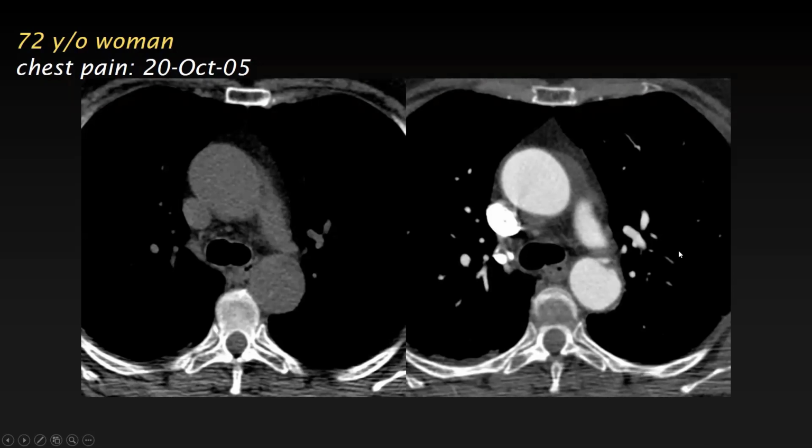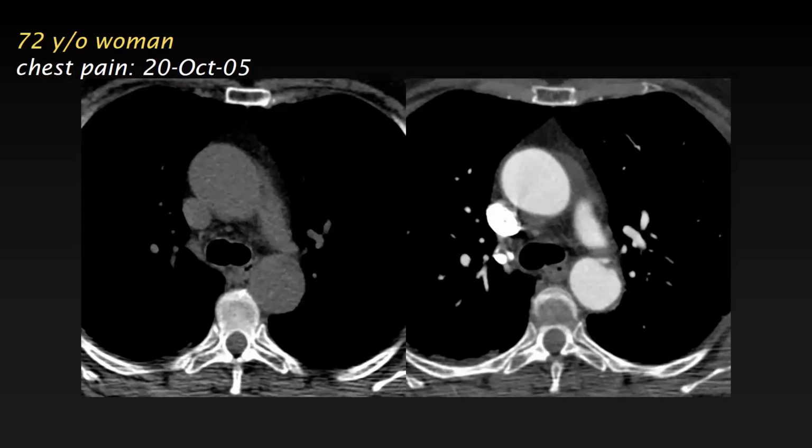ulcer. Okay, so the diagnosis here based on imaging would be that you have an ulcer-like lesion or an ulcer in her proximal descending aorta, which in the right clinical context, if associated with appropriate symptoms, could be a small acute penetrating atherosclerotic ulcer. Does it need to be treated?